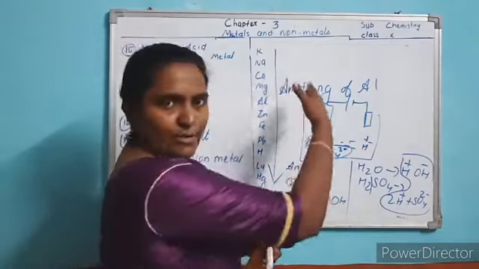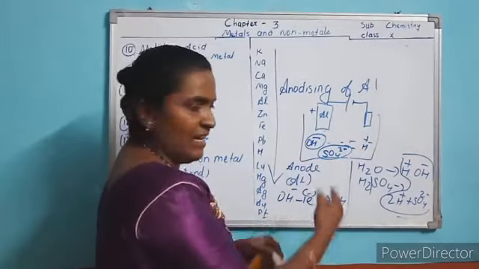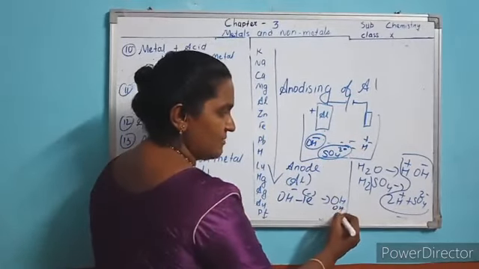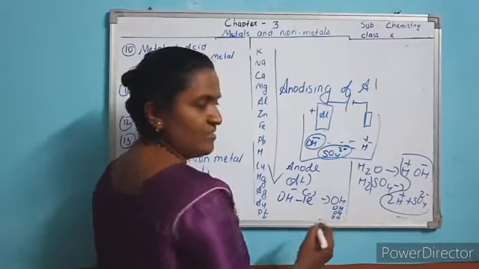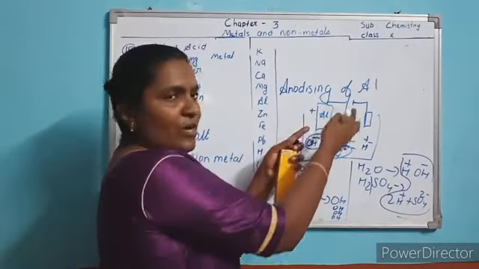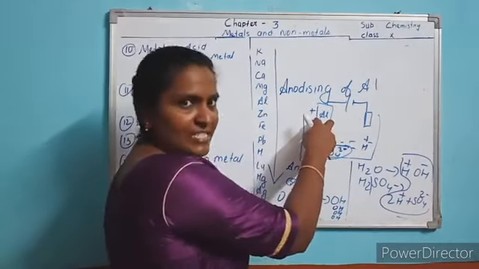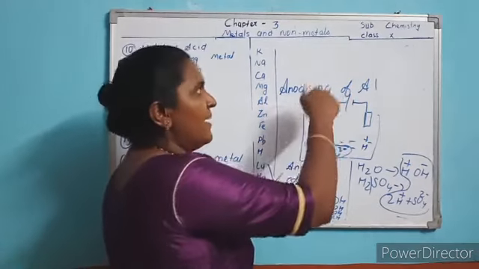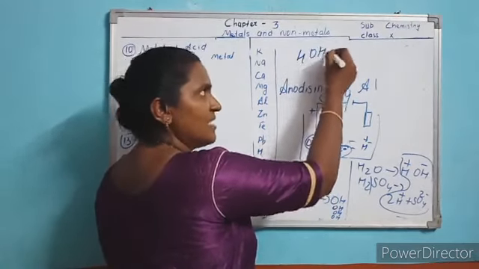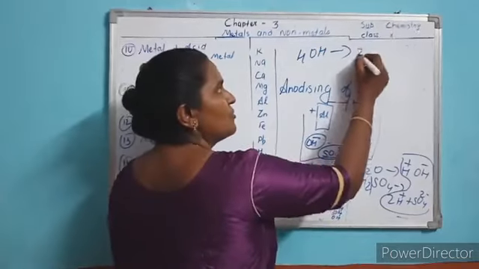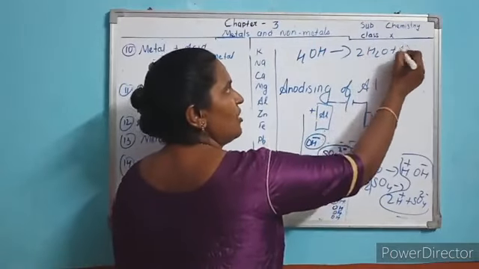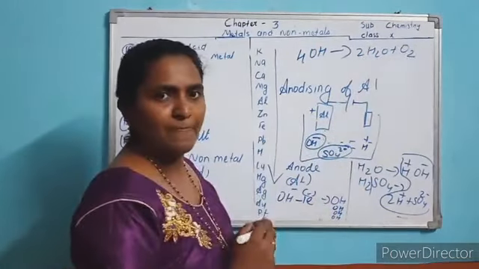Understood? A second OH ion migrates from here. Like that, when 4 OH ions are discharged, they combine to form 2 molecules of water and 1 molecule of oxygen.